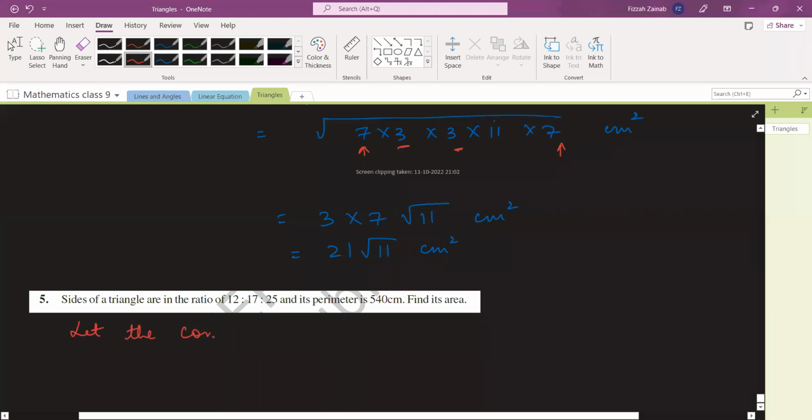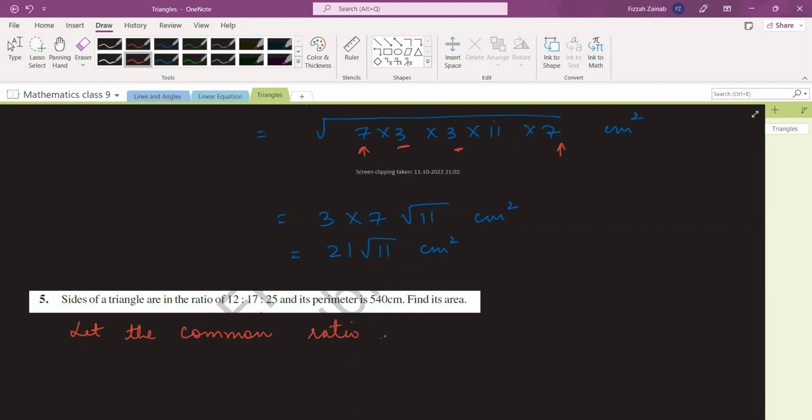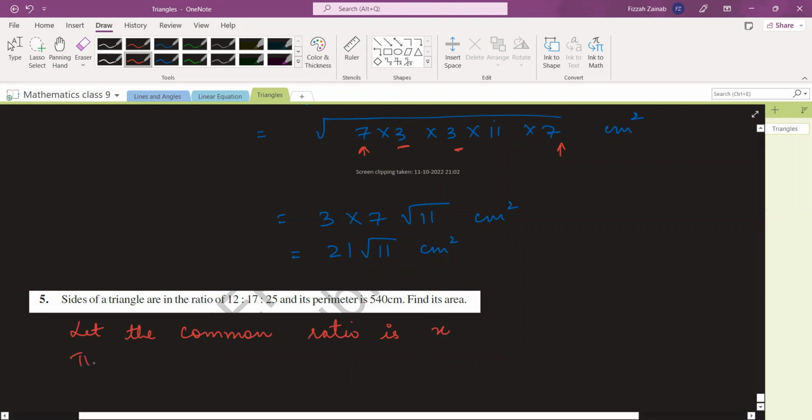Let the common ratio be x, right? So then the sides are 12x, 17x and 25x.